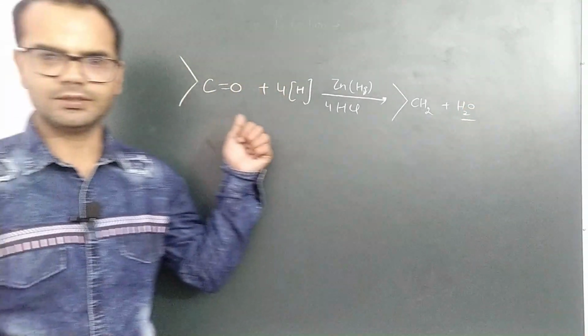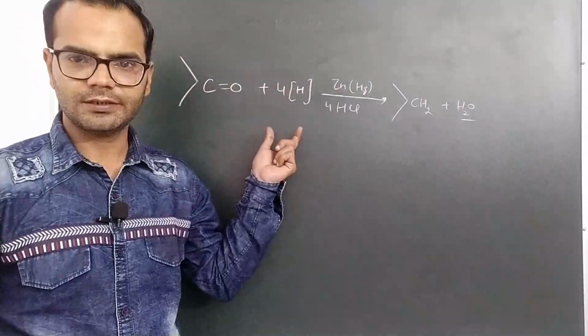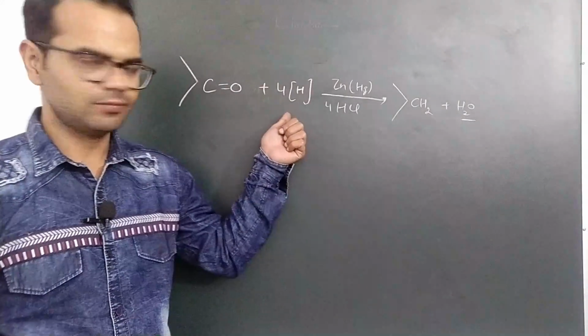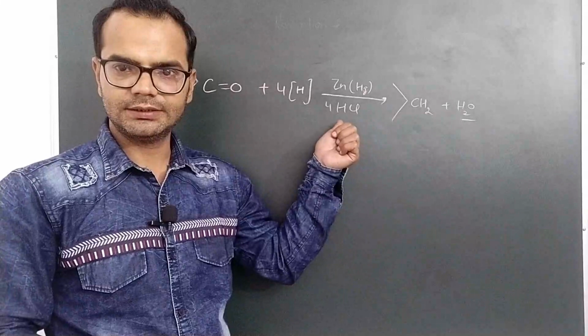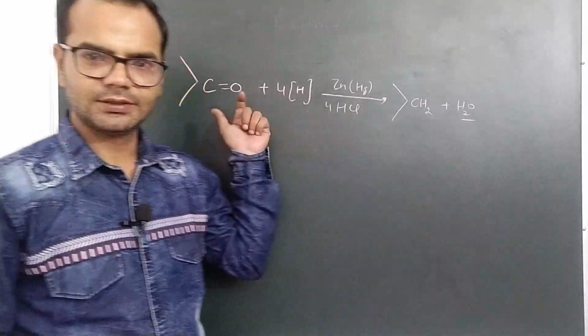That is the trick to understand a Clemmensen reduction. We need a total of 4 nascent hydrogens, meaning 4 moles of acid are required. That is a Clemmensen reduction.